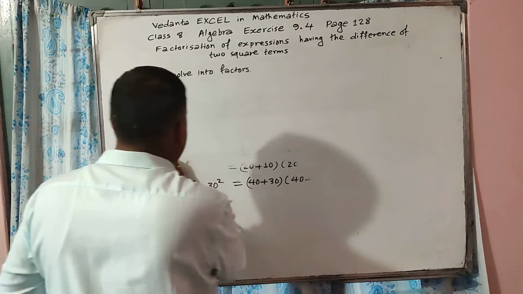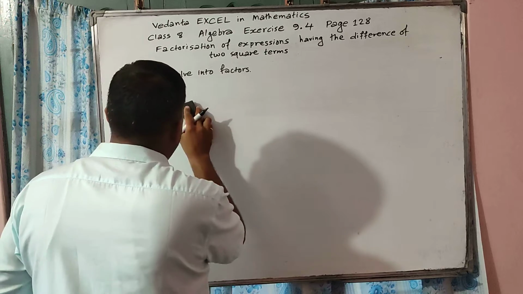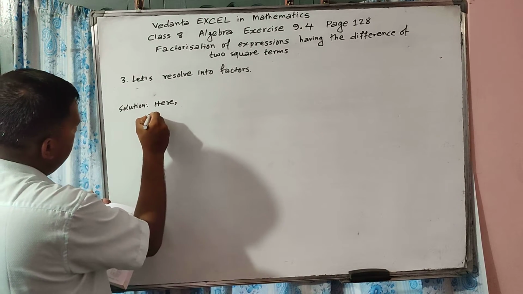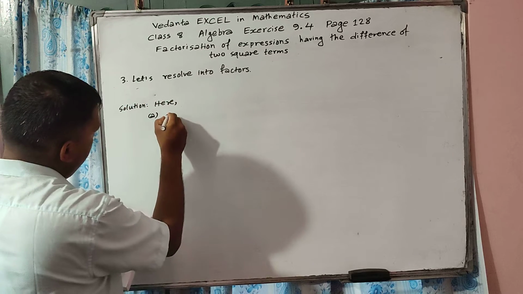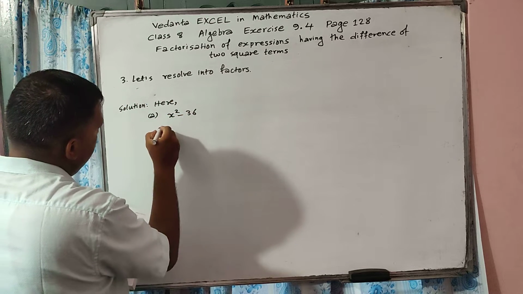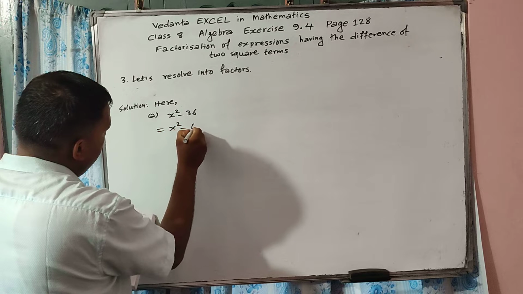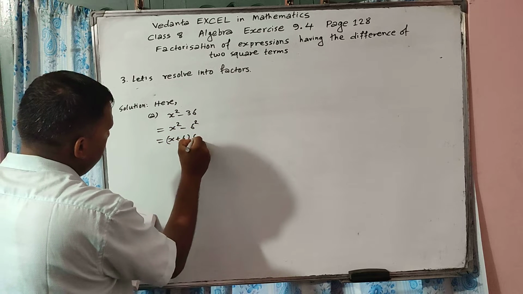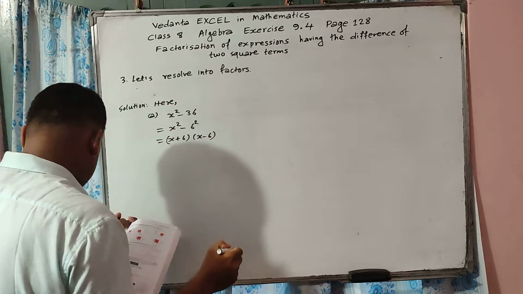Resolution. On A we have x square minus 36. This is equal to x square minus 6 square. X plus 6, x minus 6.